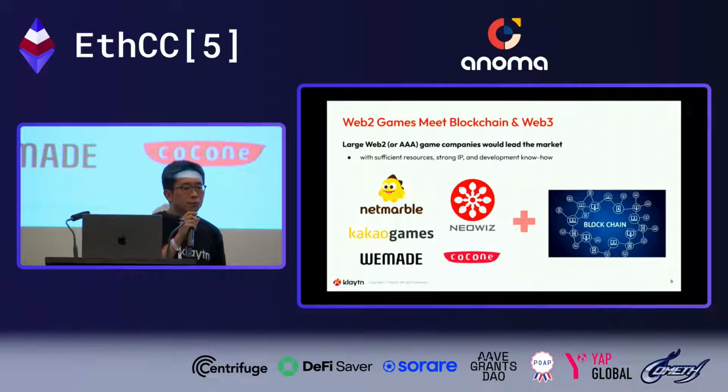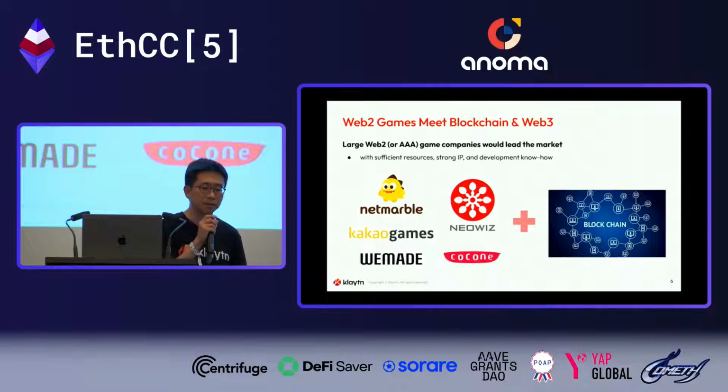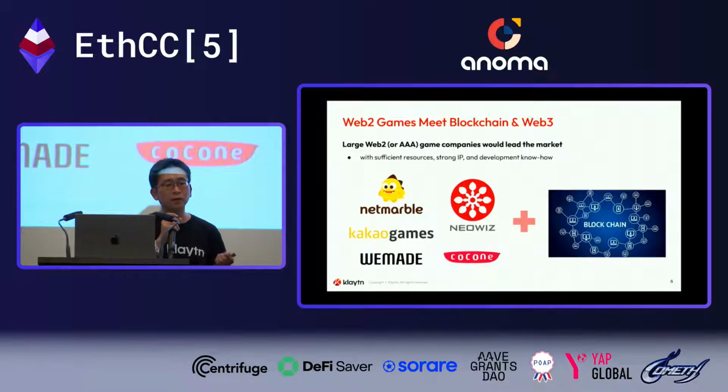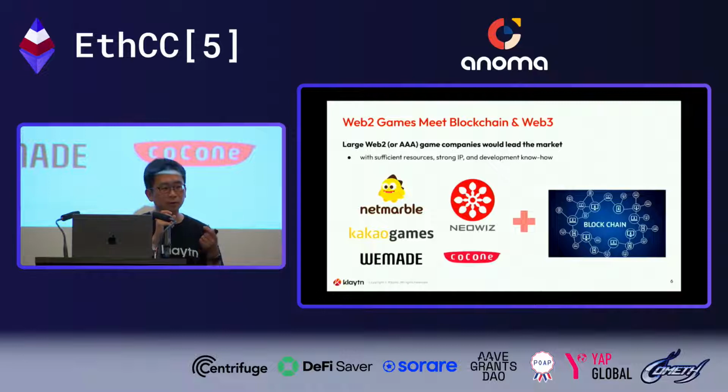So that's where the Web2 or AAA game companies come in. Because to tackle the kind of issues that I mentioned before, the Web2 game companies have their IPs and their existing games that have a large user base. So they are thinking about what's going to happen if they use P2E and their own IP and combine these two.